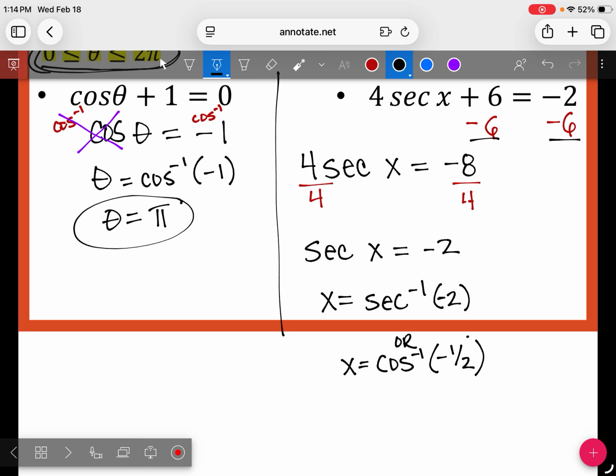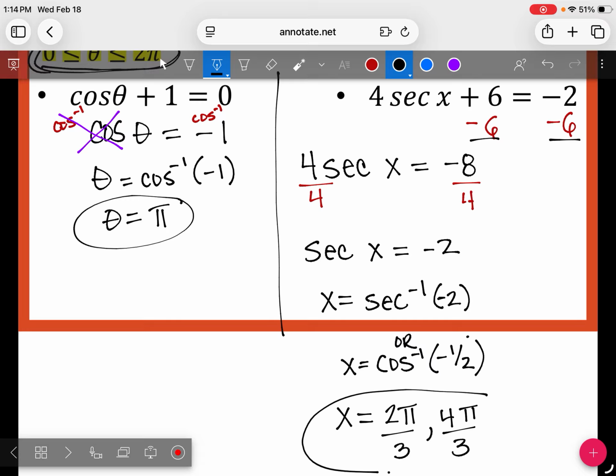So we're looking in quadrants 2 and 3. So I have 2 pi over 3 and 4 pi over 3.